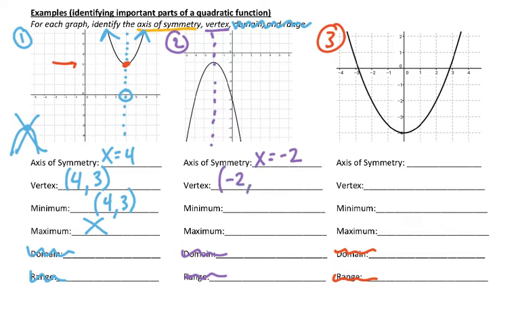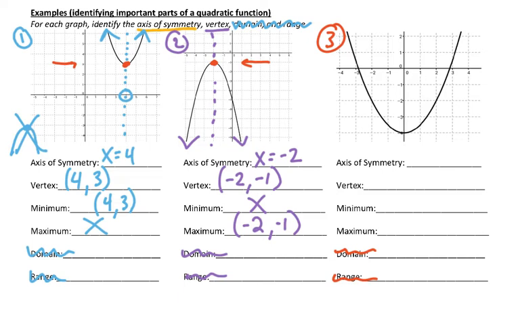This one's opening downwards, so it's a maximum, and it looks like it's at the point -2, -1. Since it's opening down, there is no minimum. It goes on forever, getting lower and lower, so there's no minimum point. Is there a maximum? You betcha, and it's the vertex. And number 2 is done.